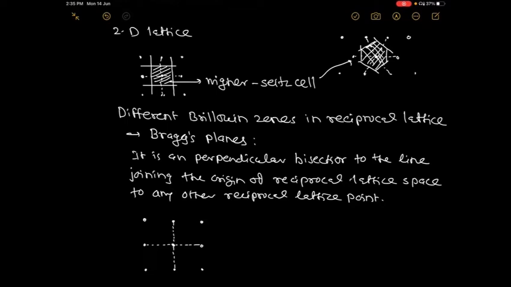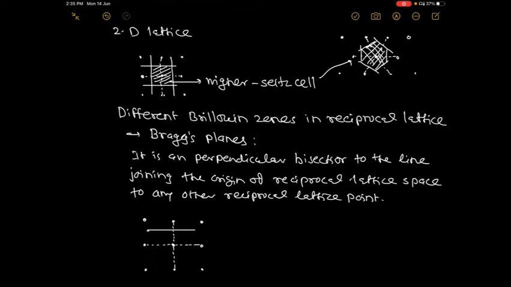It represents a reciprocal lattice vector, and once we draw a perpendicular bisector to the reciprocal lattice vector through the midpoint, we get one plane. That plane is a Bragg plane.